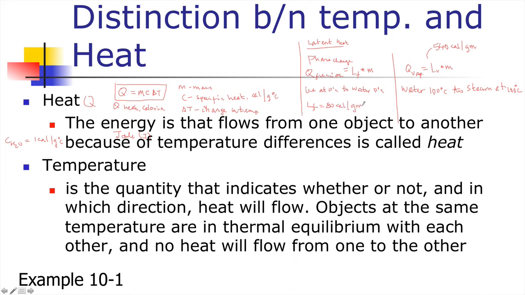When you are calculating the amount of heat required to melt ice, literally, without increasing its temperature. We cannot use the regular heat equation for a phase change, because there is no change in temperature, delta T is 0.